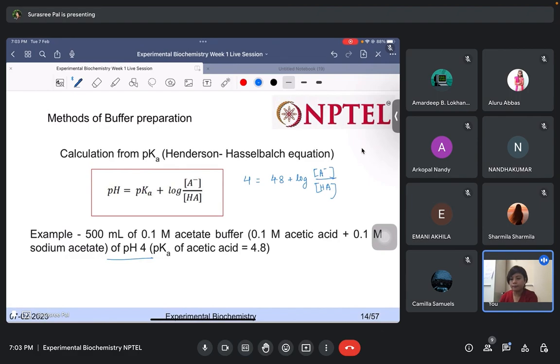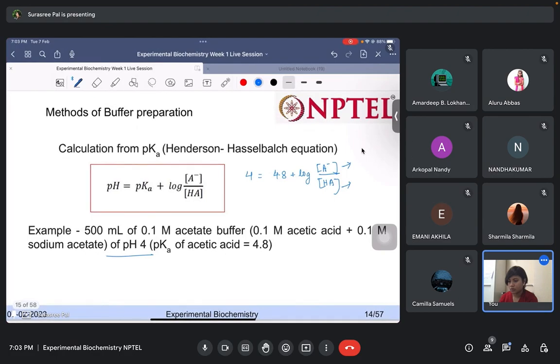How much of the base and how much of the acid we have to add to prepare this buffer of pH 4, that is what we are going to calculate from this equation. So log of A minus by HA will be minus 0.8, right?